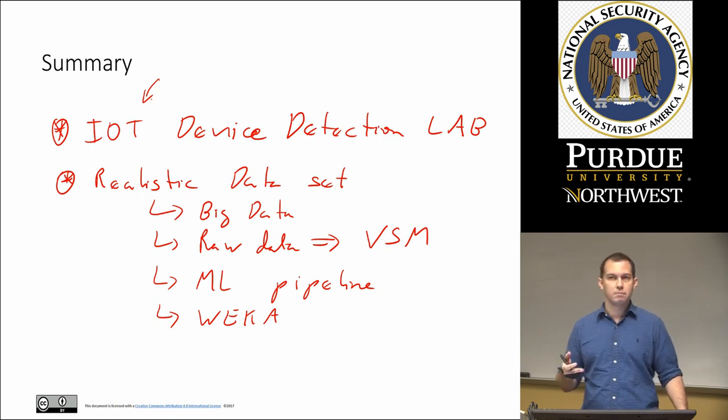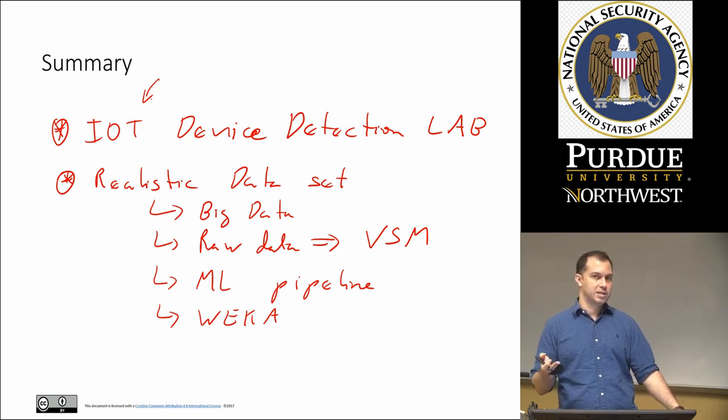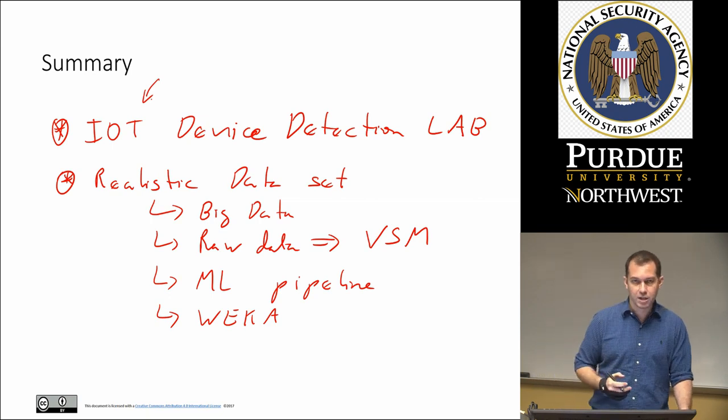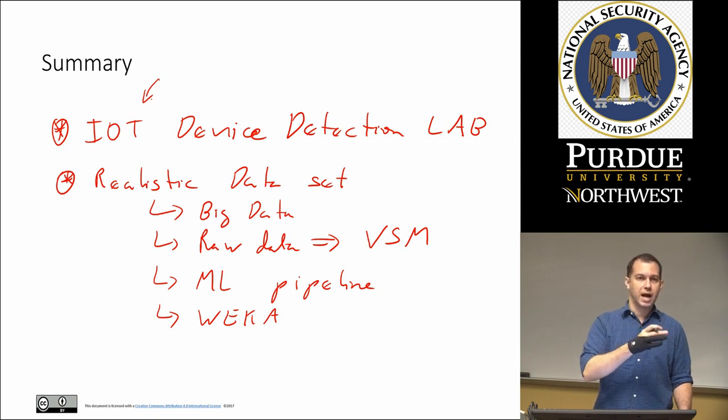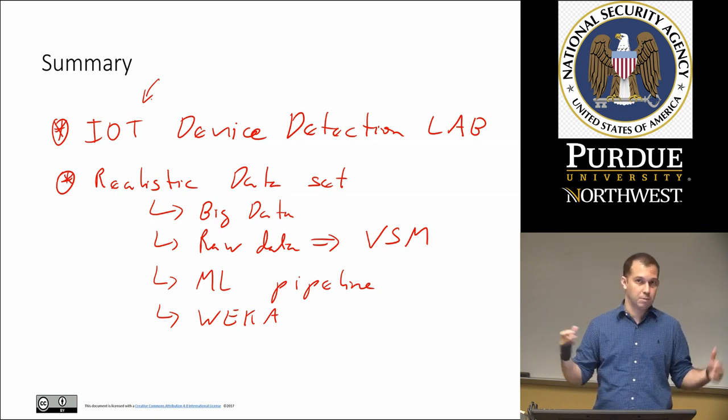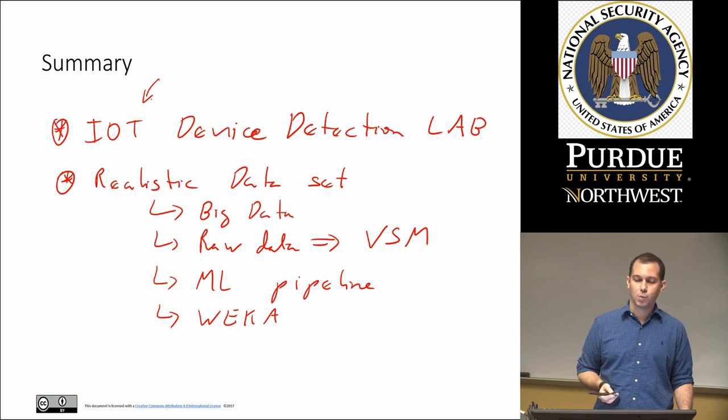But if you wanted to extend this, say as a project for your course, you could take the data that I provided, and then just extract all the packets that were IoT related versus all the other ones and build a 2-class problem, IoT, non-IoT. And it should be pretty similar to what we did, the code and everything.